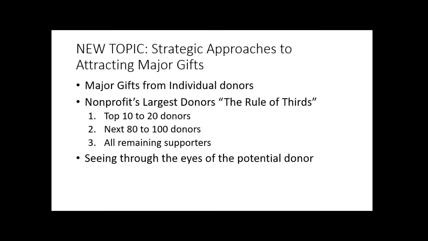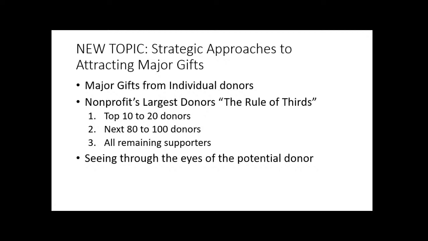Individuals are capable of major gifts as well as small gifts. But I just want to remind you that the small gift that's given on a regular basis, like a monthly basis, is usually 50% or more of an organization's charitable contributions. So you want to have those small gifts, but you want to have those major gifts as well.